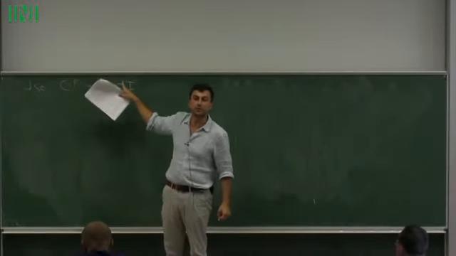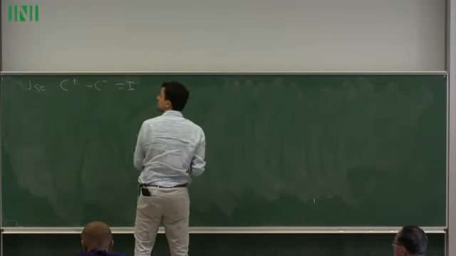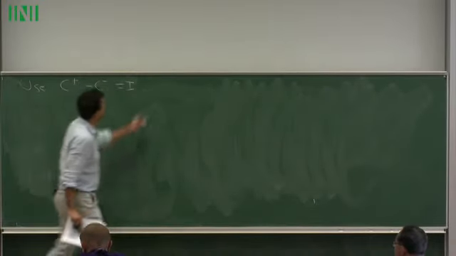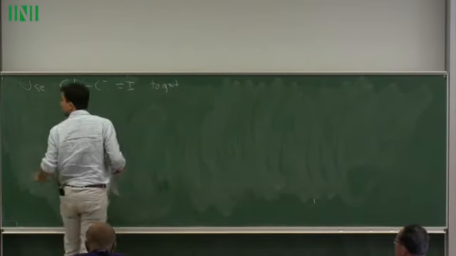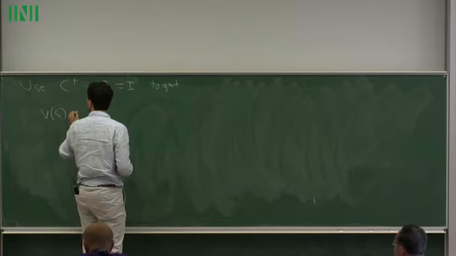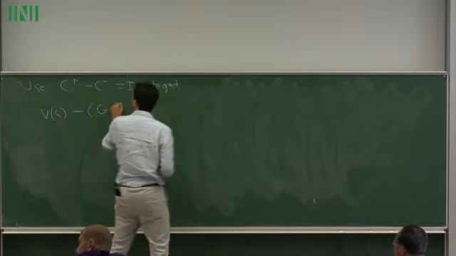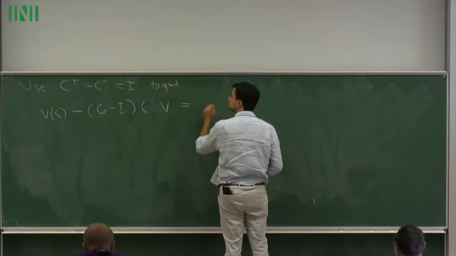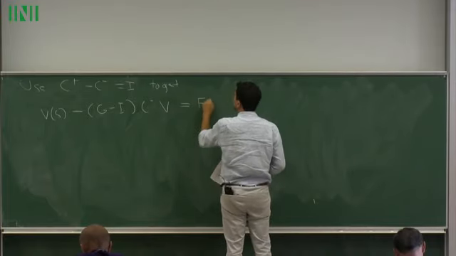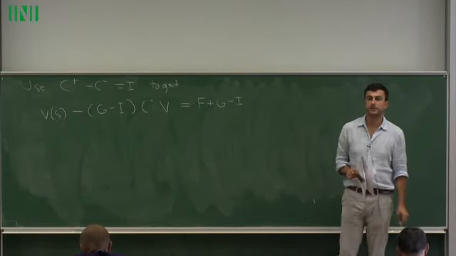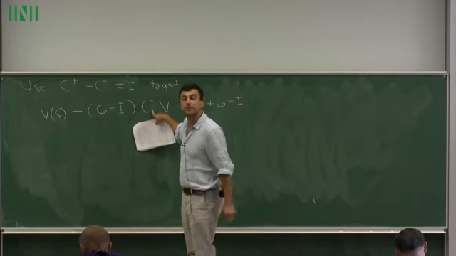The limit from the left minus the limit from the right gives us back the function, so now we can replace C plus V of s with C minus V plus V. And we get V of s minus g minus I, C minus V is equal to f plus g minus I. Okay, so a nice singular integral equation that involves the limit from the left of the Cauchy transform.